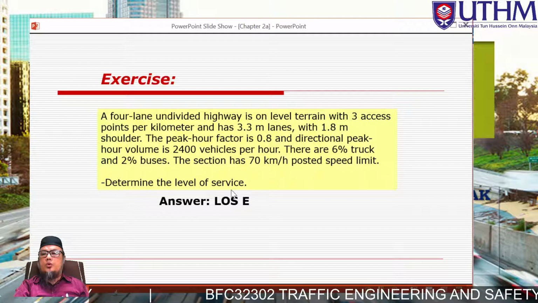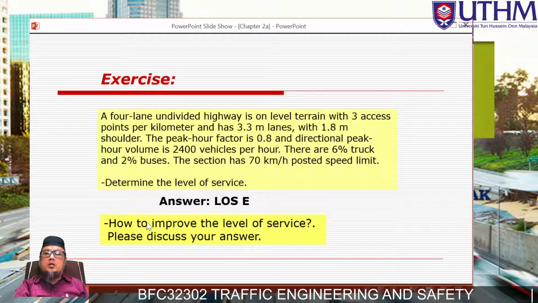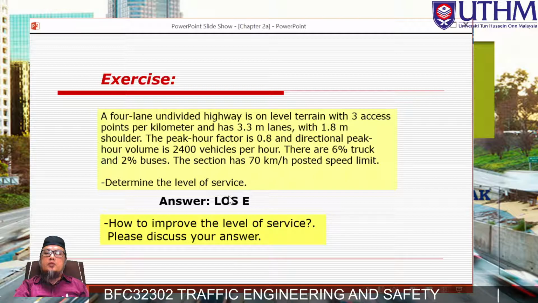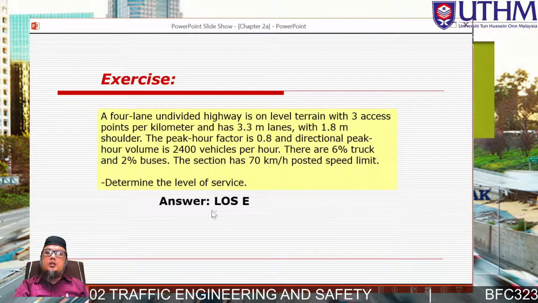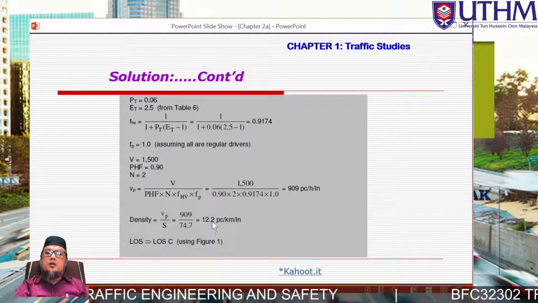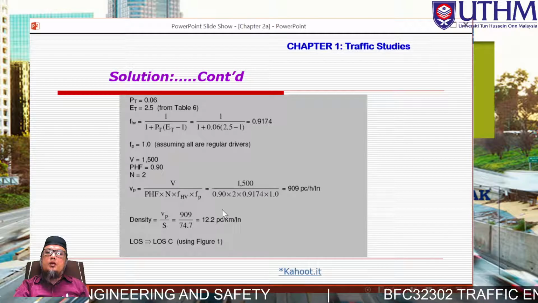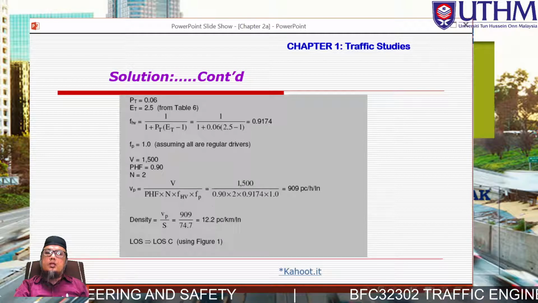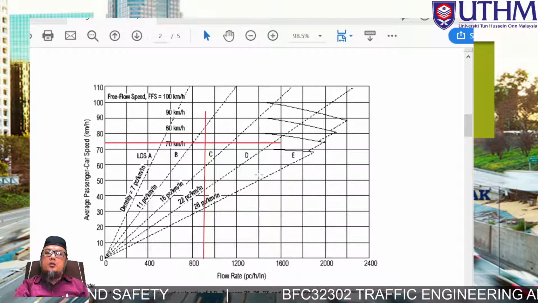Okay, you will get this particular answer, but you have to suggest how to improve the level of service, how to do it. So I give a keyword. Please look at this value. If you obtain this value greater, the level of service should be poor or worse.